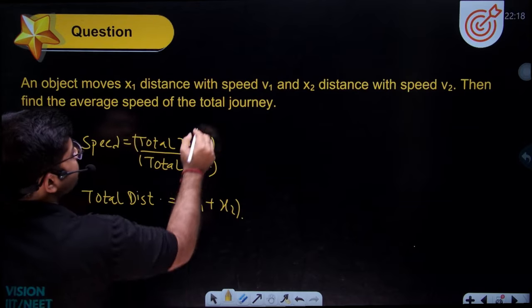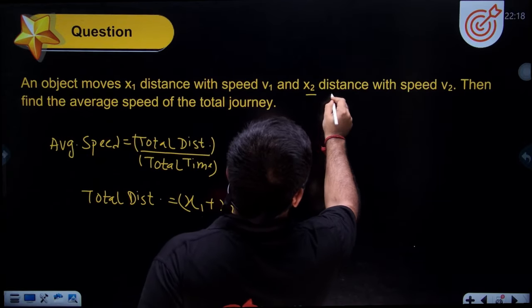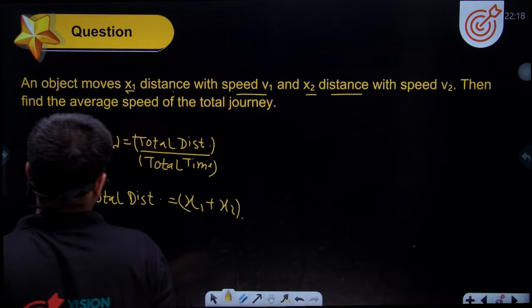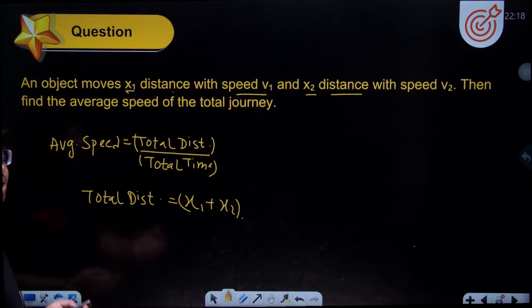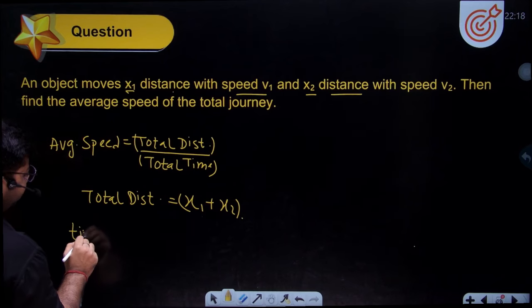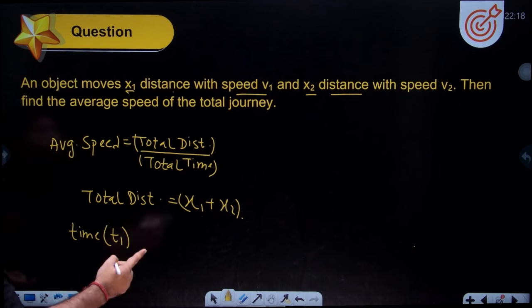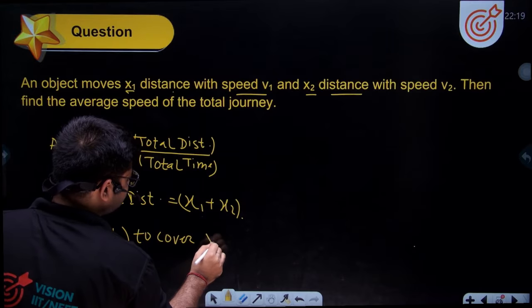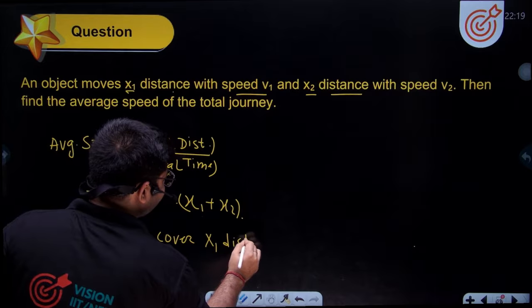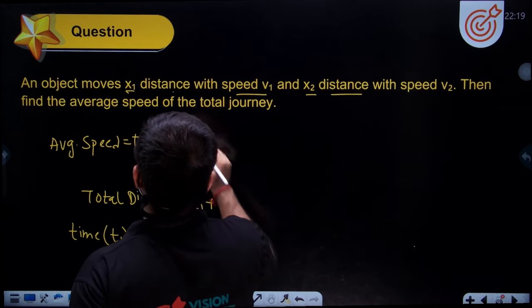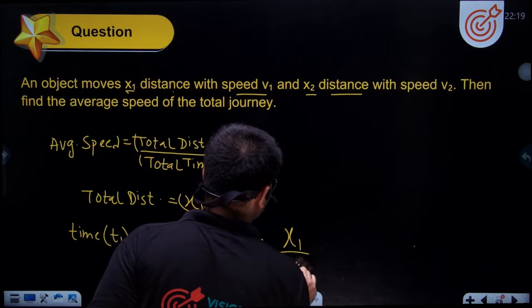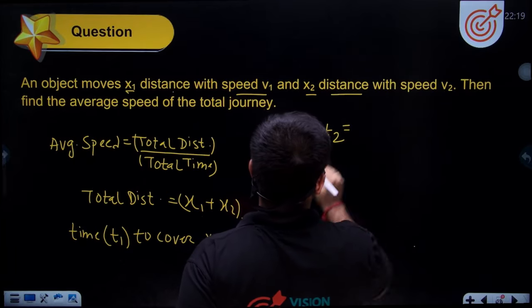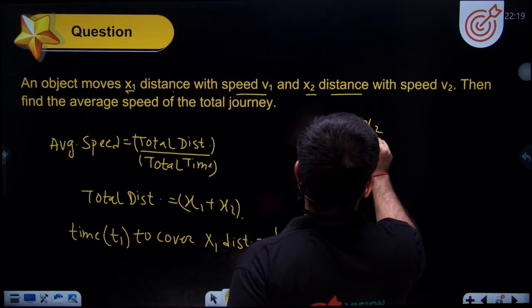The time t1 taken to cover the x1 distance is x1 by v1. Similarly, t2 is x2 by v2.